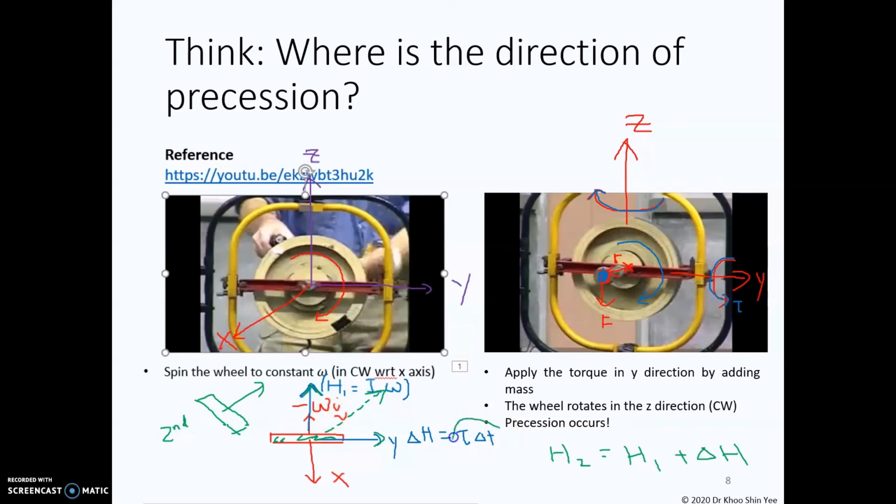Since the torque is constantly acting on this wheel in the y direction, in the next stage the resultant will be here, and the wheel will move in this direction and rotate clockwise with respect to the z-axis. This rotation is called the precession. With that, you succeed in obtaining the precession direction of the wheel after you apply the torque to the system.